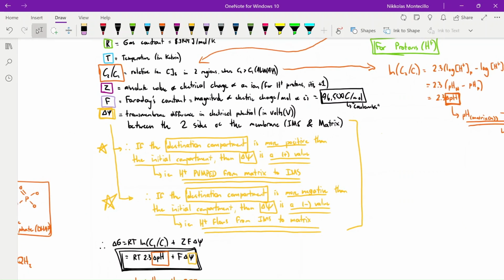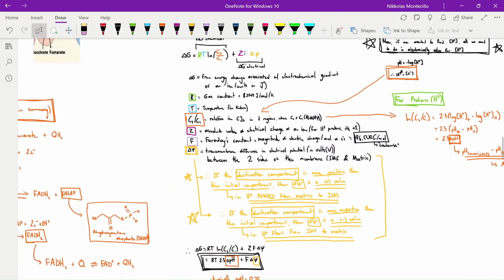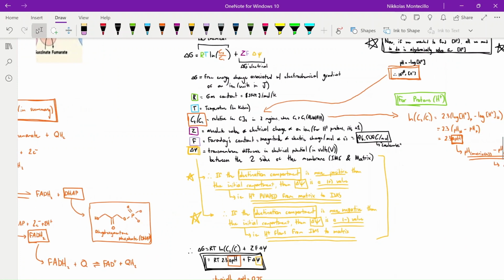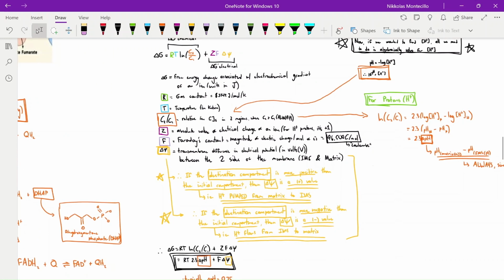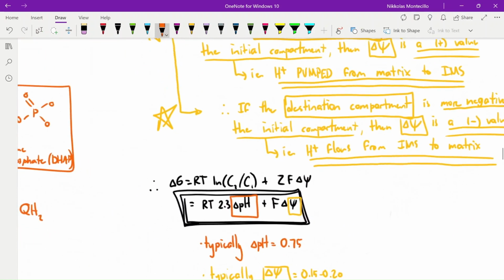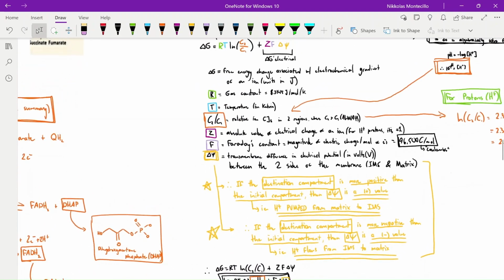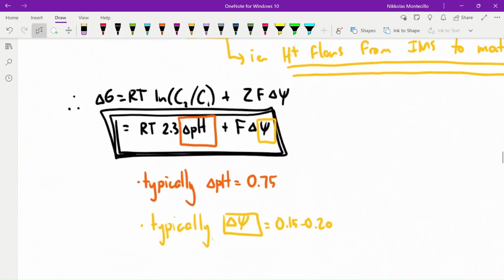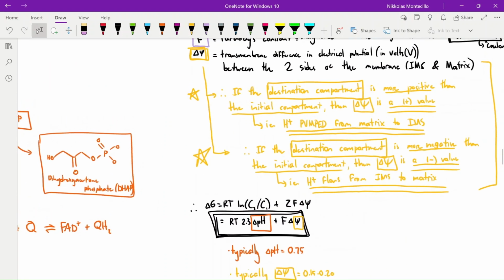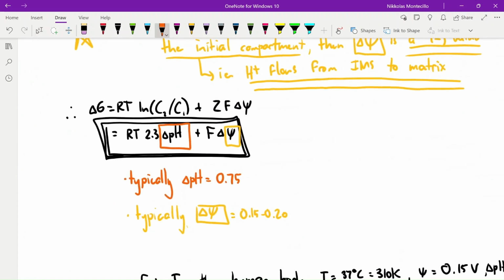So essentially what we're left with is a change in pH, which is equivalent to, just to clarify, for the electrochemical gradient, the change in pH and the change in the transmembrane difference usually takes on two values.